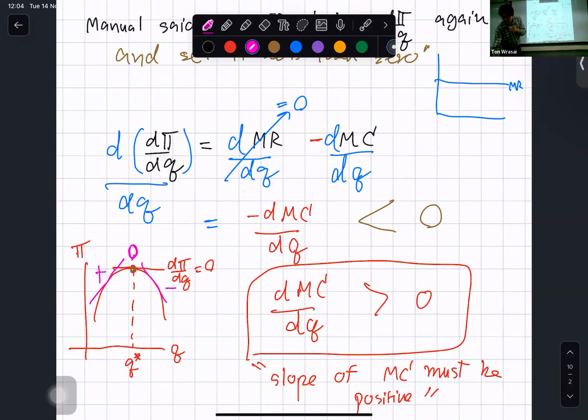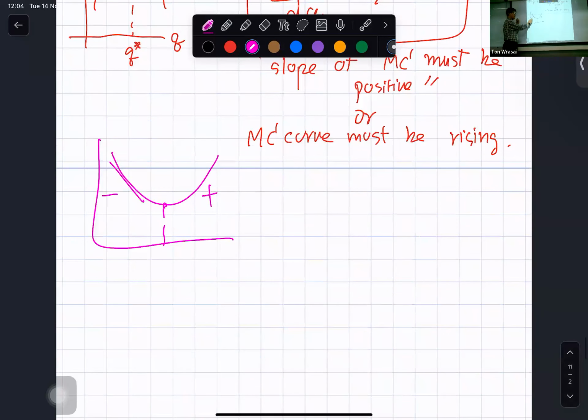I explain this so that you don't just memorize why we have to add this less than 0, because it's this. If you want to have a mountain, this is the requirement. If you want to have a valley, this is the requirement. Slope is increasing. Okay, job done. We finish.